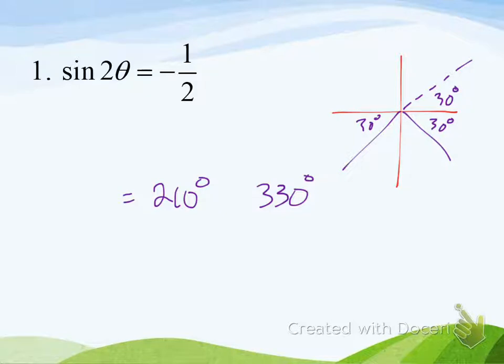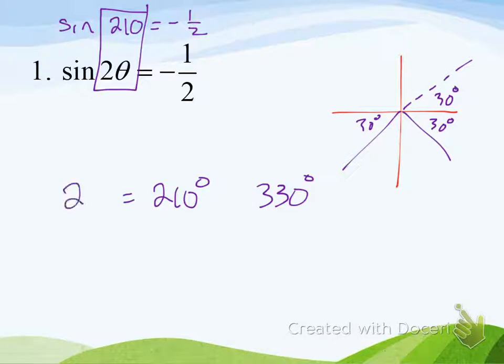Now, that's not necessarily our solutions though, right? If we type in sine of 210 degrees, our calculator will tell us that that's negative 1/2, okay? So what that means is that 2 theta is supposed to be 210, or 2 theta is supposed to be 330.